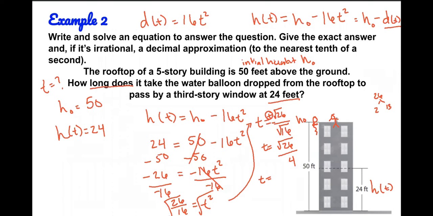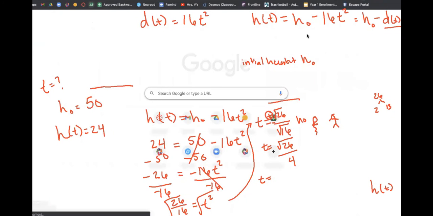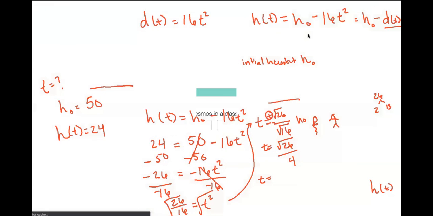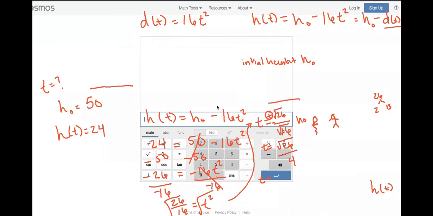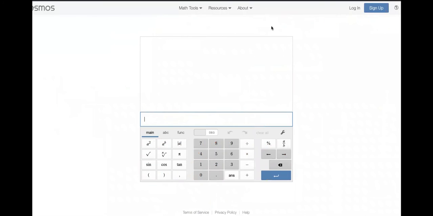Okay. Let me go ahead and bring my calculator out then. No, it's not 26 over 4. Let me clear this out very quickly. So we have square root of 26.